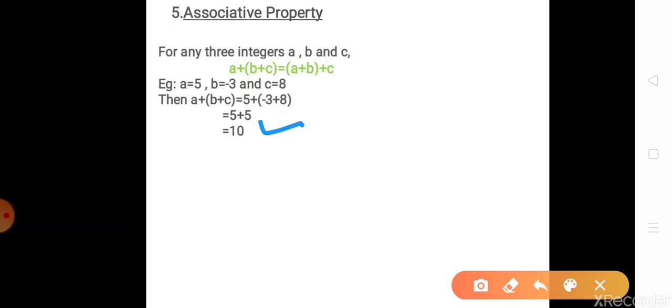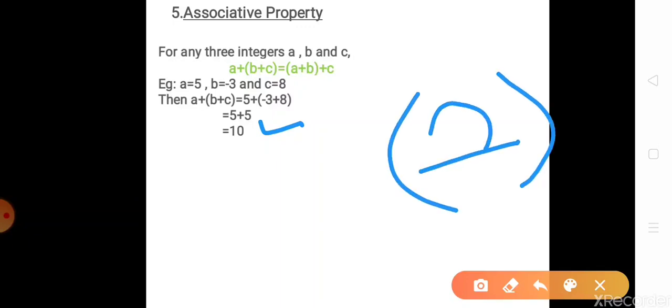Whenever you see a bracket, you need to solve anything that is present in the bracket first. Once you solve whatever is there in the bracket, remove the bracket and then you proceed with the rest of the numbers. Always keep that in mind. That will make things a lot easier for you. Keep this as the fundamental rule.